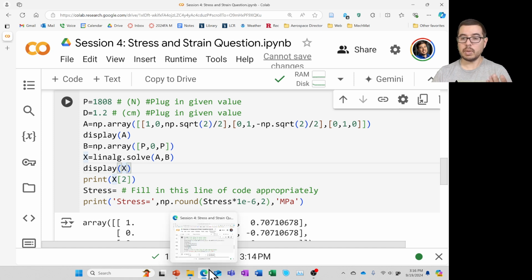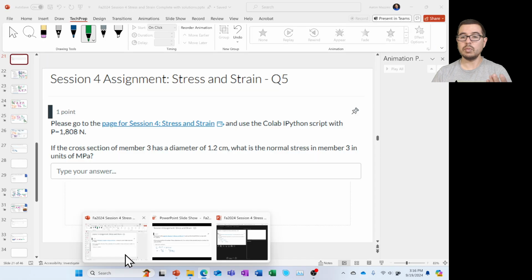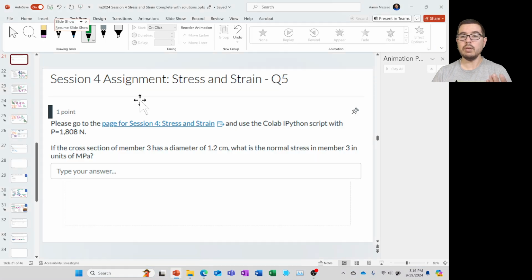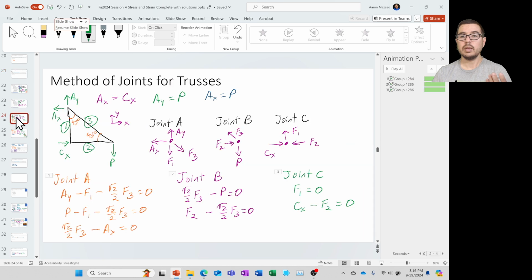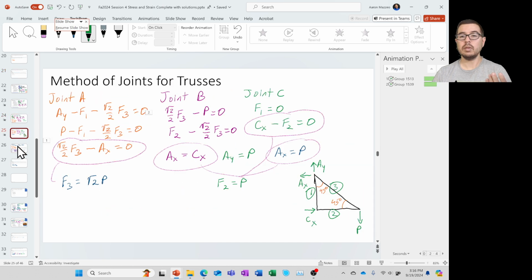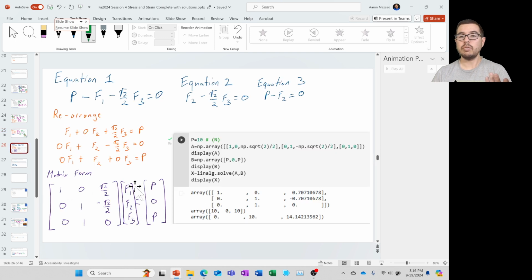Maybe that's not clear, but if we go back here, yeah, we were starting to solve for F2, F3, and F1. F1, F2, F3. So that's an X vector, or X array if you want to think about it that way. That's what it's going to be giving us in Colab.